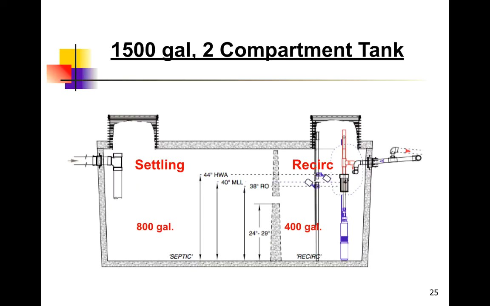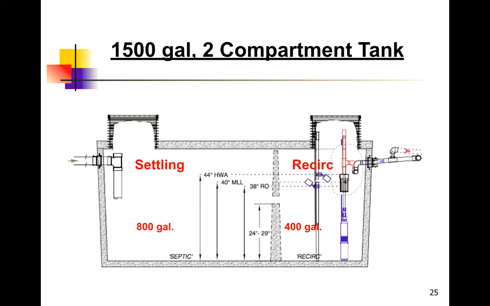Now, the standard single family residence recirc septic tank is comprised of a two compartment 1,500 gallon tank with a flow through port between the two compartments at about 24 inches off the floor. We'll have a pump on the recirc side with two floats. The pump does not have a shroud or any screening around it, and again, it's just the two floats.